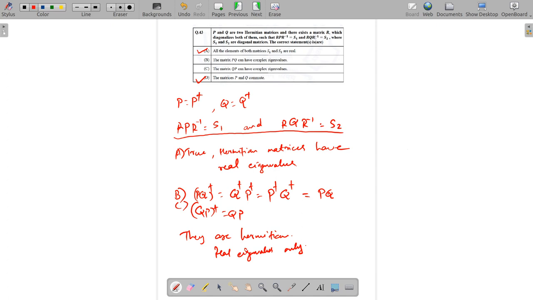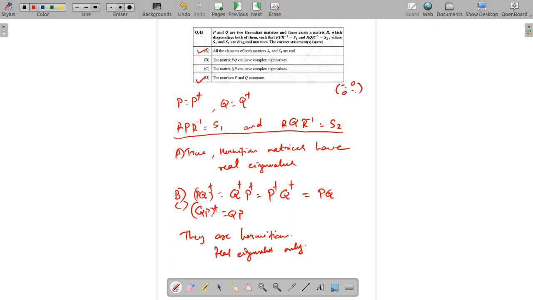Once you diagonalize P and Q, you get S1 and S2, which have only diagonal entries and 0 elsewhere, but all the elements should be real. Eigenvalues are the diagonal elements of the matrix. So option A is true.